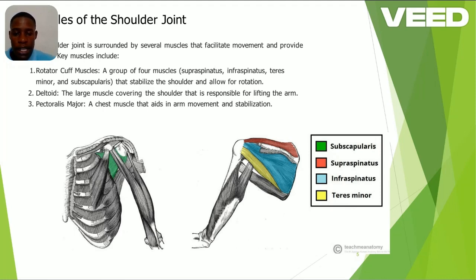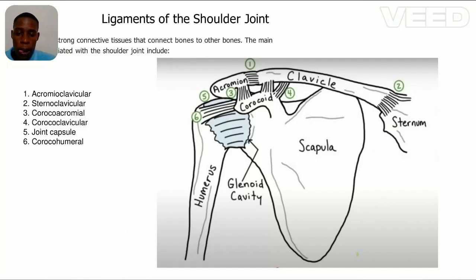So the ligaments, we've got the acromioclavicular, which is the joint between the acromion and the clavicle, and we've got the sternoclavicular, which is the joint between the sternum and the clavicle, and we've also got the coracoacromial, which is the joint between the coracoid and the acromion.